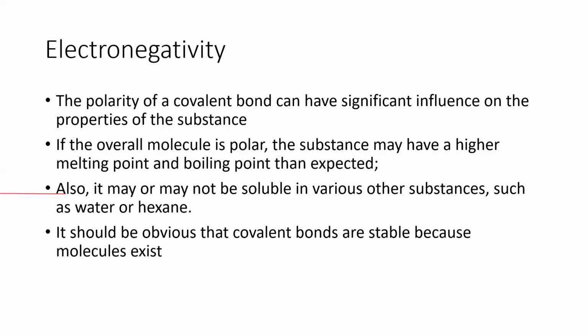Also, it may or may not be soluble in various other substances, such as water or hexane. It also should be obvious that covalent bonds are stable because molecules exist. Because they are bonded together, they are more stable.